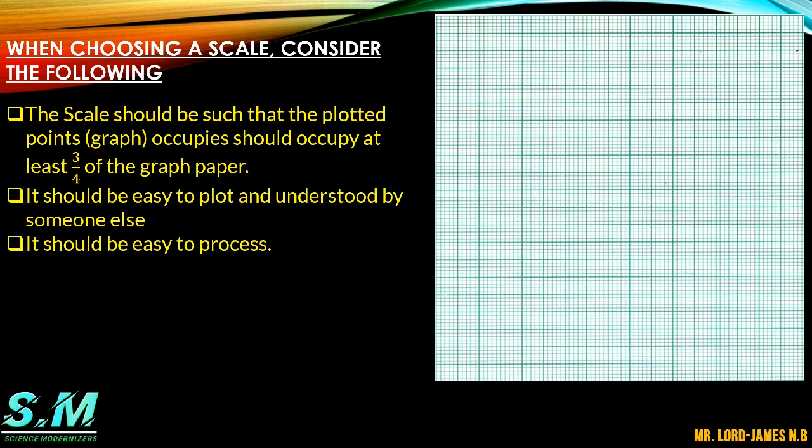So basically, let's see an example of a scale on the graph paper. So this is a graph paper in general, and let's see the possible scale which you can have here. On the vertical axis, you observe values of 0, 2, 4, 6, 8, 10, 12, 14, 16, 18, 20.